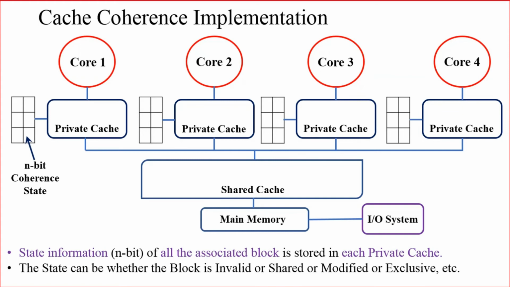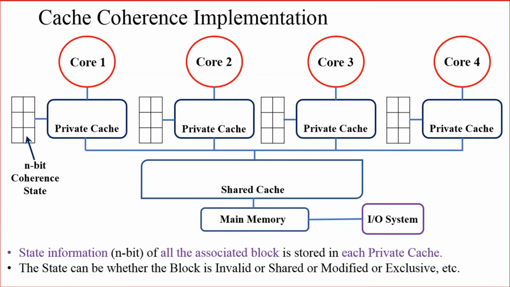If you are using a two-state cache coherency protocol, only two states will be there. If we are using a three-state protocol, three states will be there. Those states can be, say, invalid, shared, or exclusive.